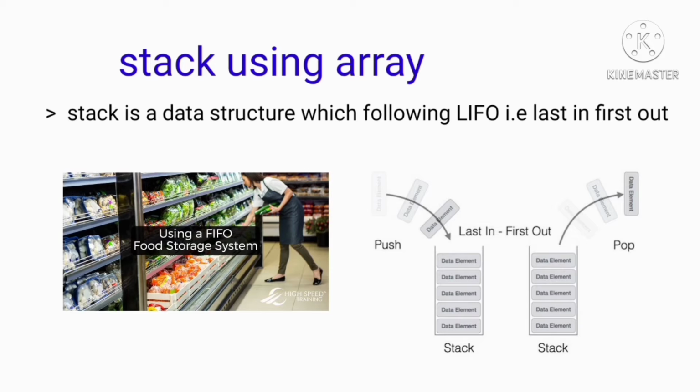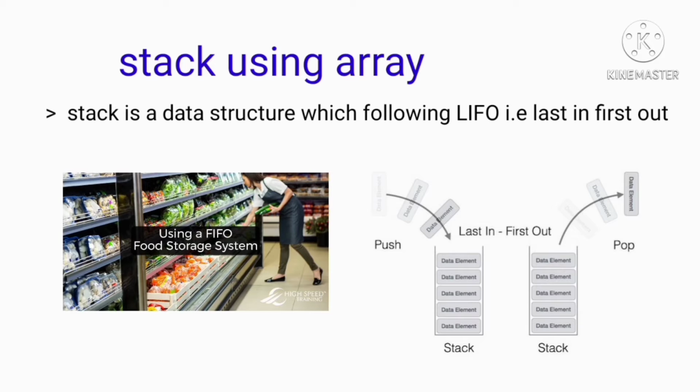See, we have a stack here. First of all, what are we doing? We are adding an element and deleting an element. The first element we add in the stack is the one we remove. See guys, here in the stack 5 elements are already there. So I am adding the last element, that is the sixth one.